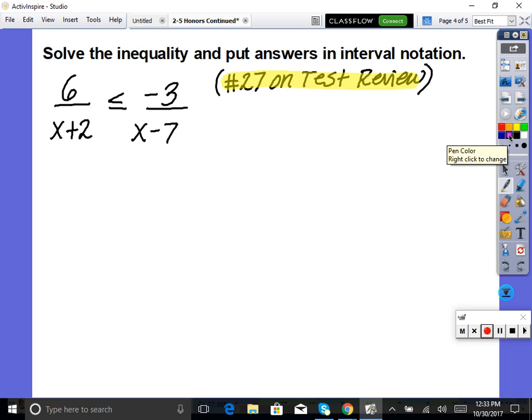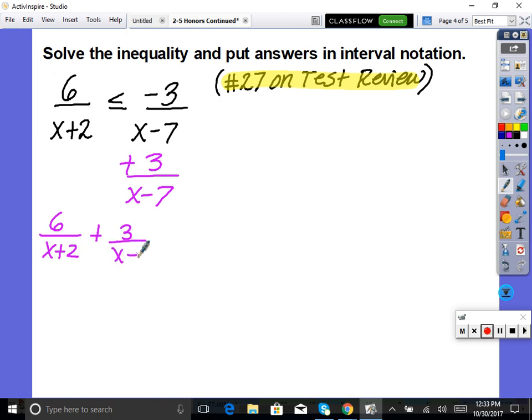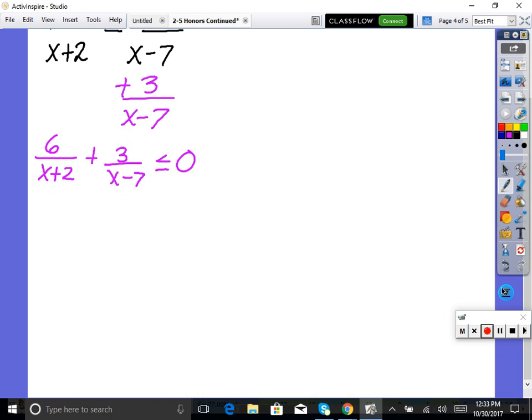So the first thing, once again, it's really easier to compare when it's equal to 0. So I'm going to add 3 over x minus 7 to both sides. Now remember one thing to note, if you multiply or divide both sides of an inequality by a negative, you've got to change the inequality. But we haven't had to do that yet with getting it equal to 0, which is nice.